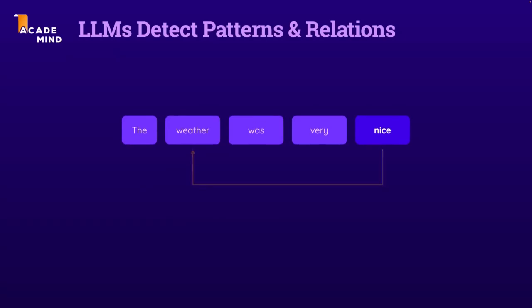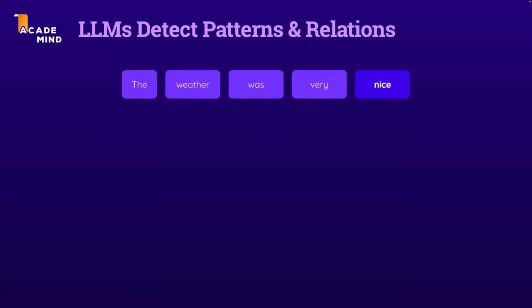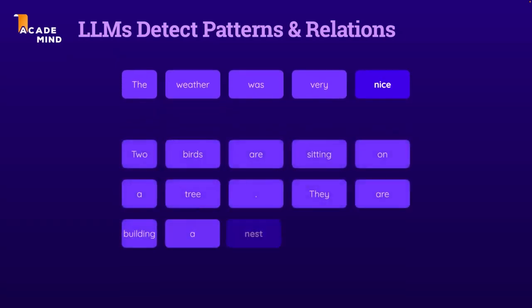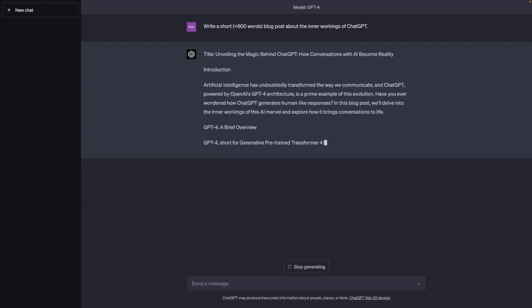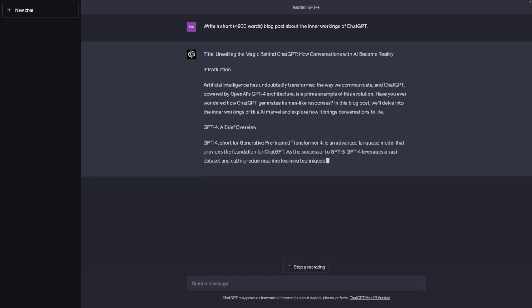And therefore, these models are also not just related to single sentences, but instead they can predict the words based on relations across multiple sentences or more complex word combinations. And that's why ChatGPT can seem so magical. It looks as if it really understands what we're saying. But in the end, it's really important to keep in mind that it is just predicting words based on the context it has available.